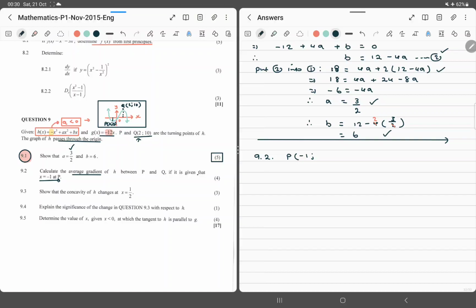So this is basically going to be minus into minus 1 cubed, plus a is 3 over 2, x is minus 1, we're squaring it, b was 6, and then this is minus 1.